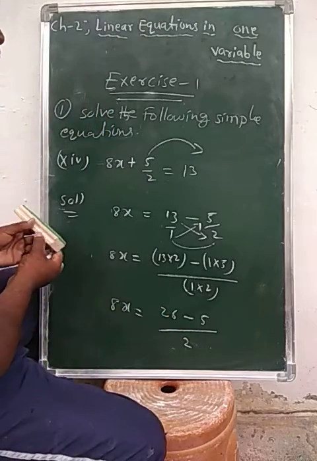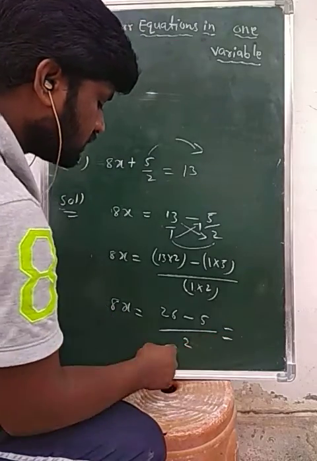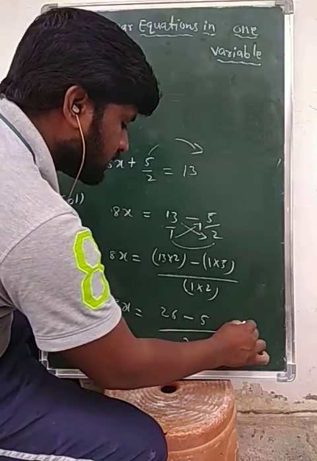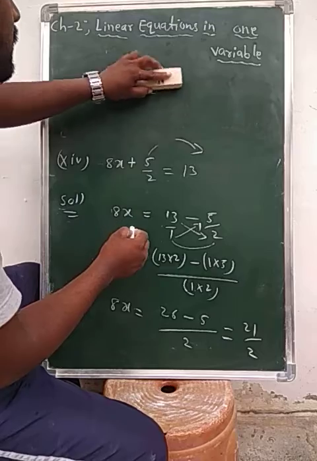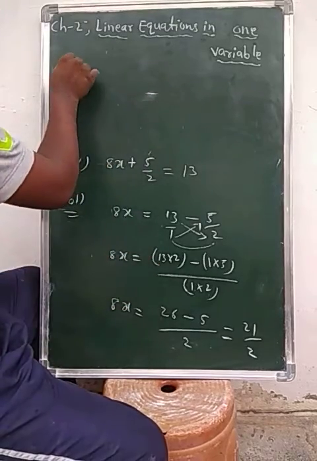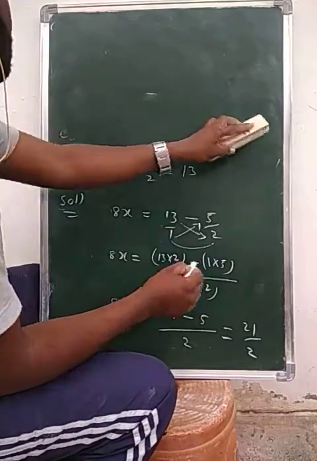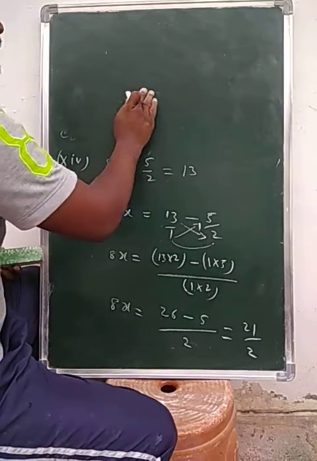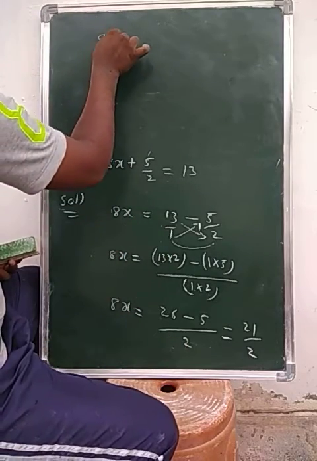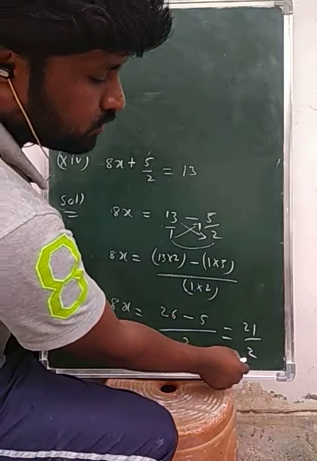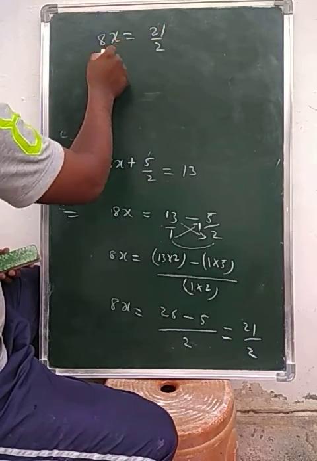So we get 26 minus 5, that is 21 by 2. So we get here 8x equals 21 by 2. Okay, 8x means we can understand it as 8 into x.